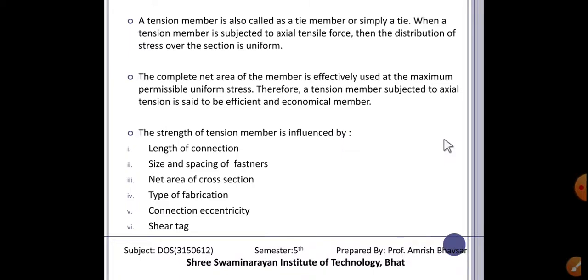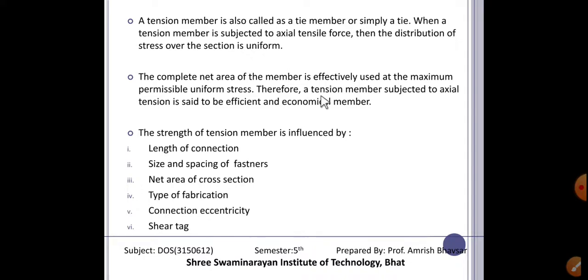Now a tension member is also called a tie member or simply a tie. When a tension member is subjected to axial tensile force, when the distribution of stress over the section is uniform, the complete net area of the member is effectively used at the maximum permissible uniform stress.